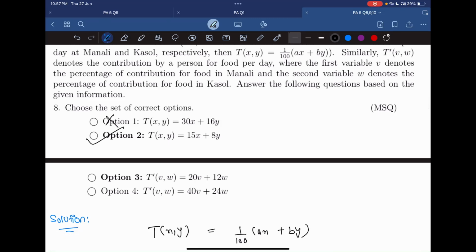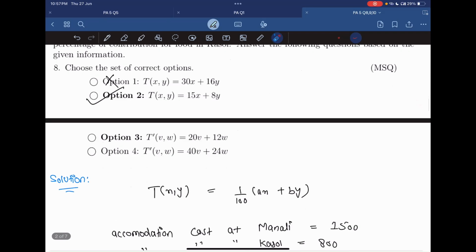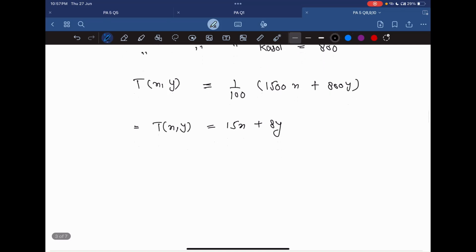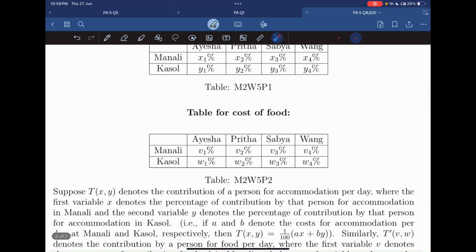Now similarly we will try to find T dash of VW, and it's just like the previous one, except that V and W denote the food cost here. So our T dash V comma W is 1 by 100 times A dash V plus B dash W, where A dash and B dash are the cost for food in Manali and Kasol.